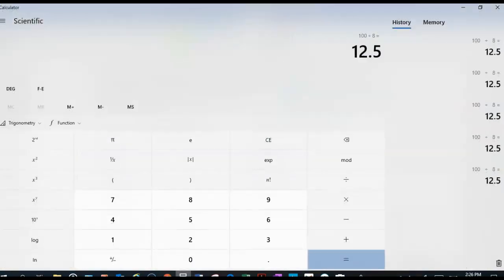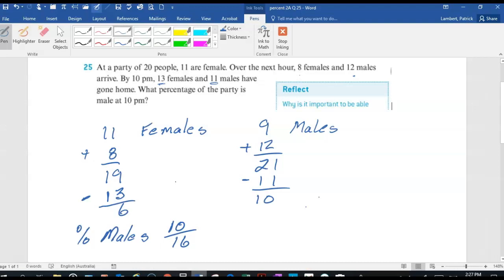Percentage, this we can work as fractions, so 10 divided by 16, 0.625, multiplied by 100, it's going to be 62.5% are males.